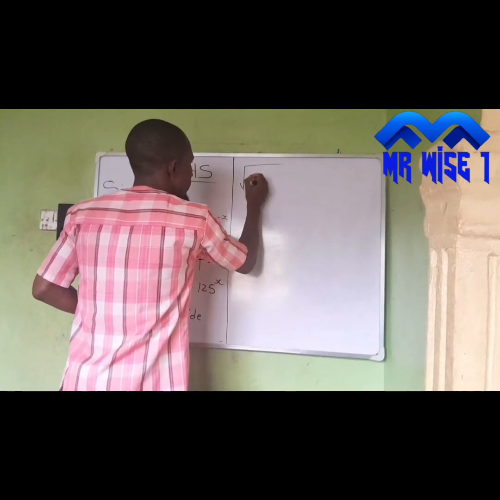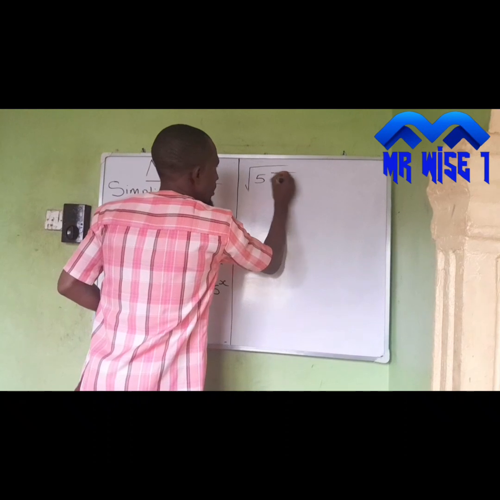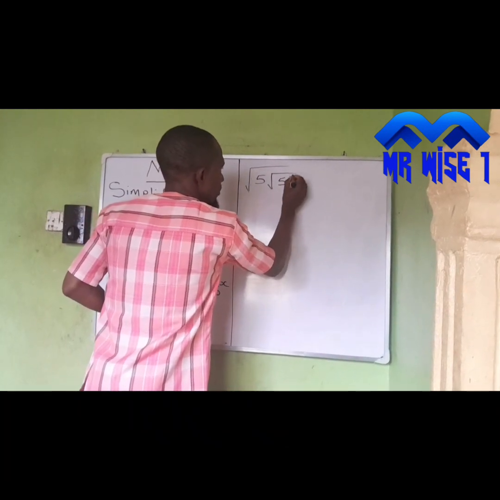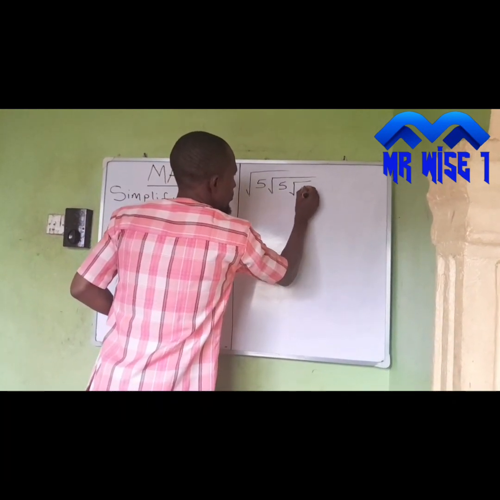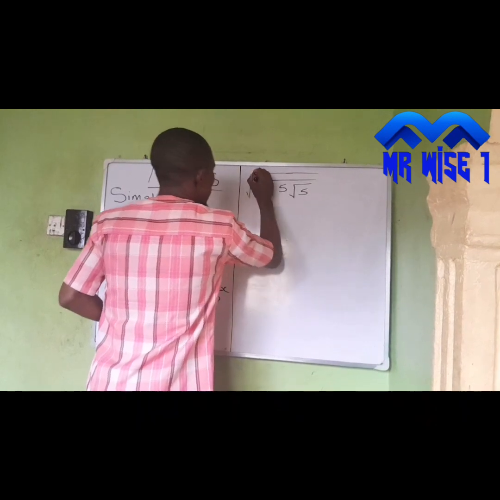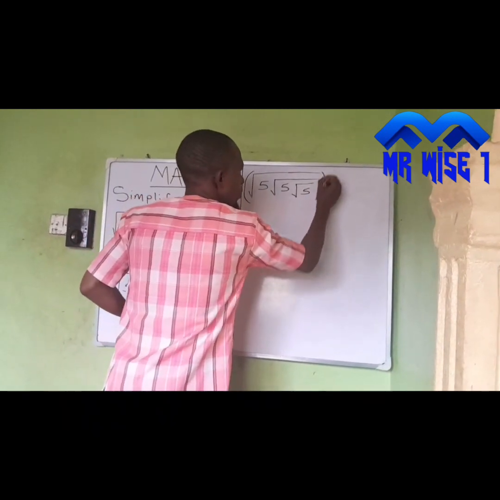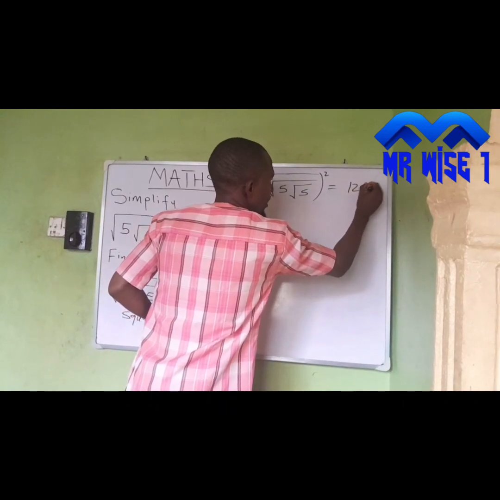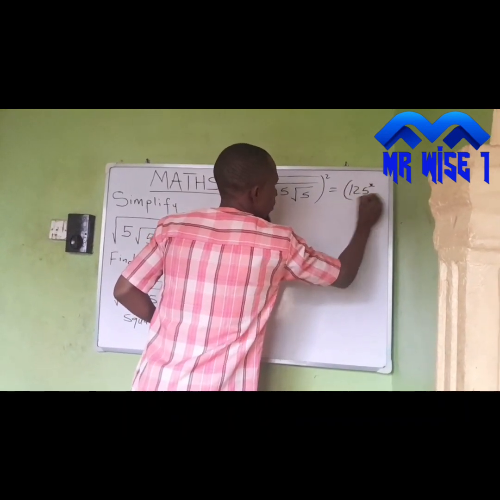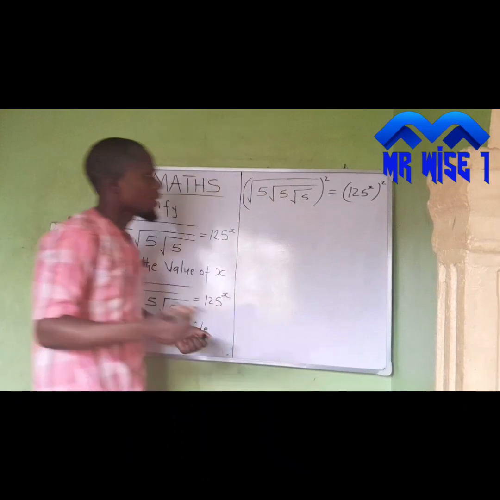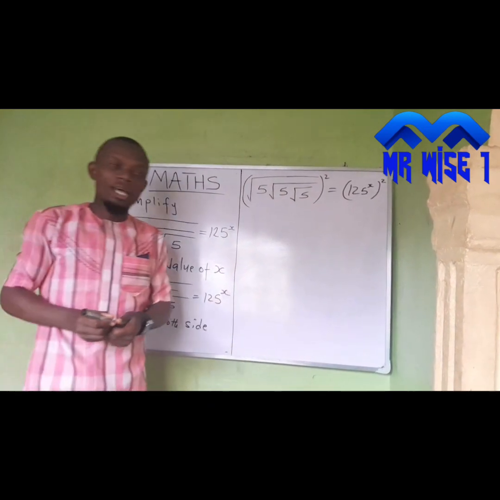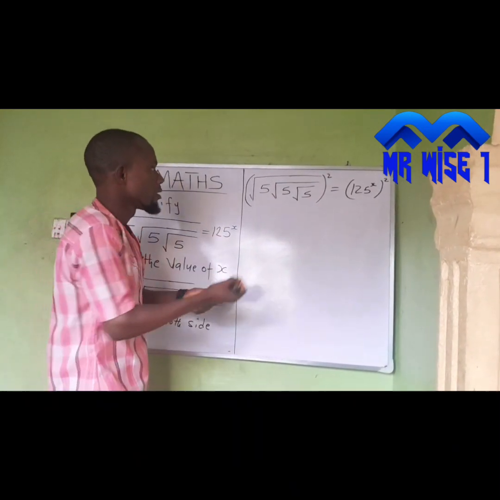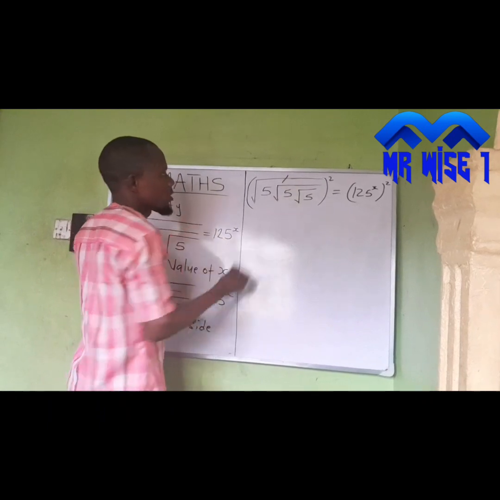Square root of 5, square root of 5, square root of 5, all squared, is equal to 125 to the power of x, all squared. So I've squared both sides. Once I square both sides, this will cancel out.